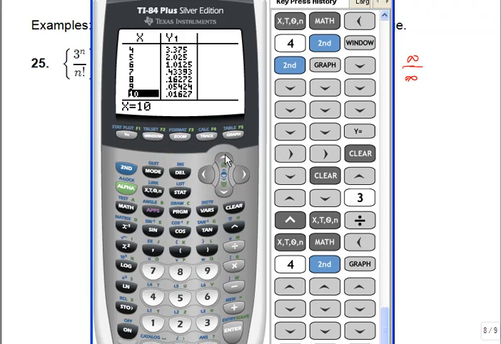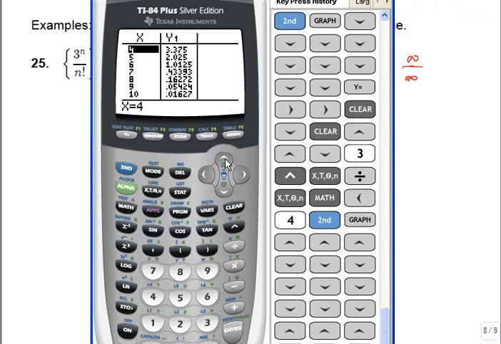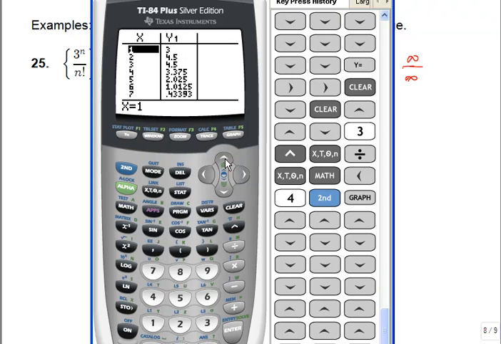So what this shows us, just by looking at the terms themselves, is that after n equals 3, this sequence is monotonically decreasing. Actually, after n equals 2, it's monotonically decreasing. So we know that this is a decreasing sequence after that very first initial term.